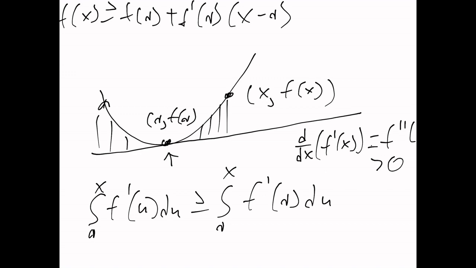we know that f prime of x is going to be increasing. It's an increasing function. So if we graph f prime, we have something like this, where this point is x equals a.